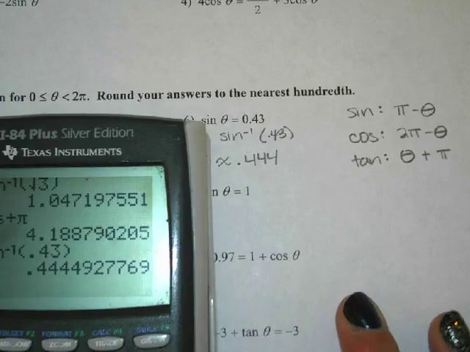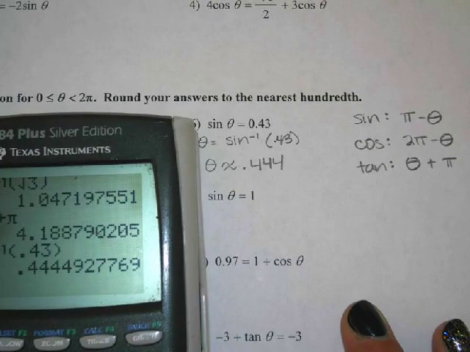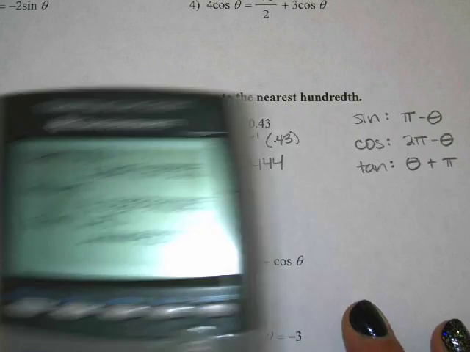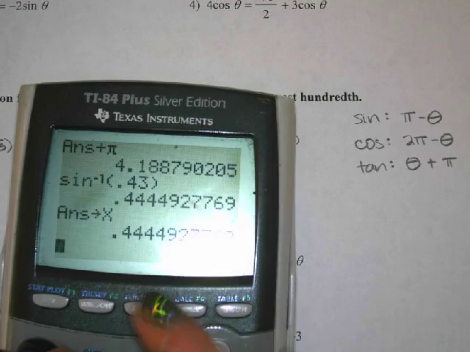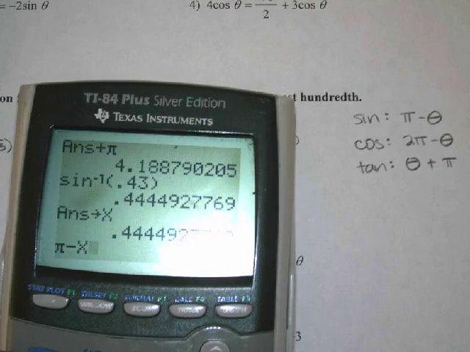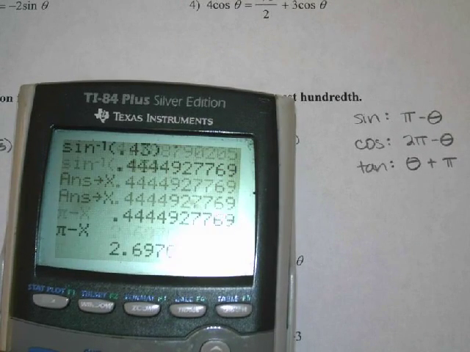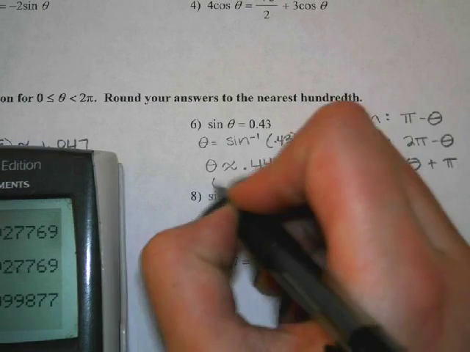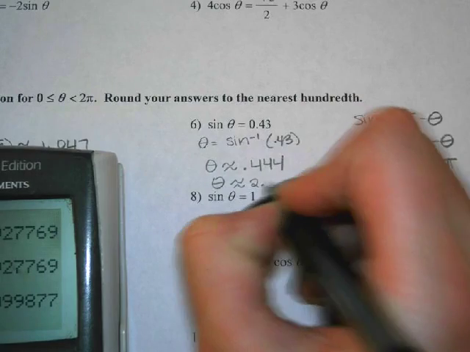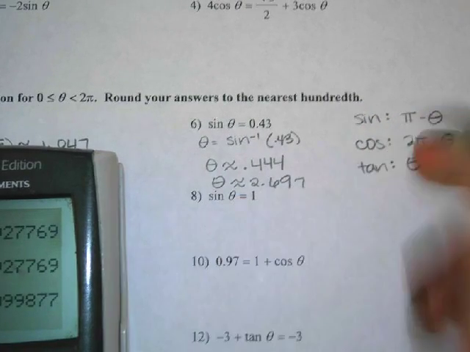And then what do we do to get our second answer? We're going to do pi minus that. Okay, so I'll go ahead and store that as x. And then I'm going to do pi minus x. And so your second answer is 2.697. There's our 2 answers.